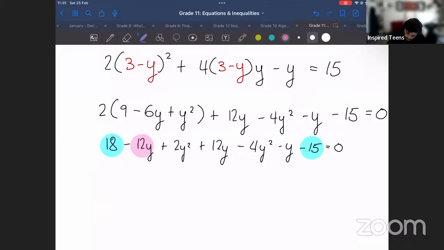Negative 12y, positive 12y, negative y, all like terms. 2y squared minus 4y squared, like terms. I'm going to order them with the highest exponent first. Isn't it plus 12 only?